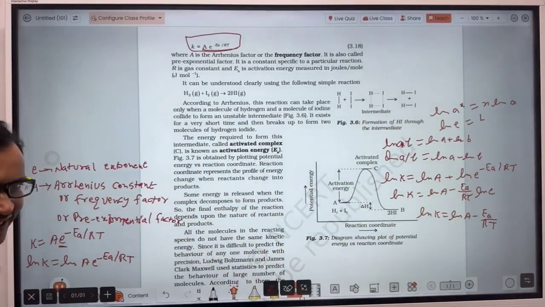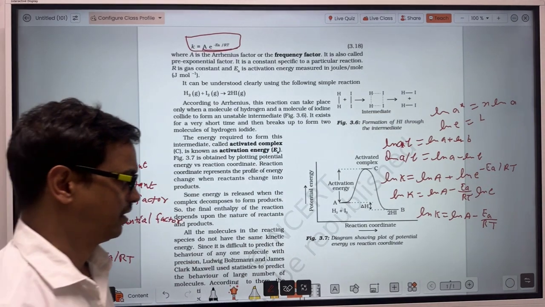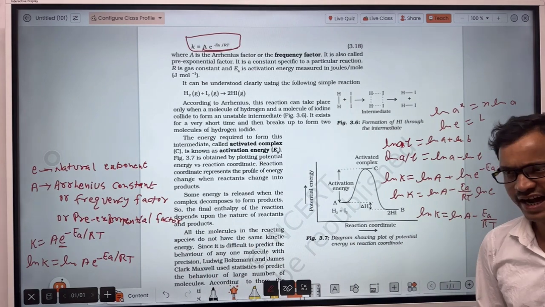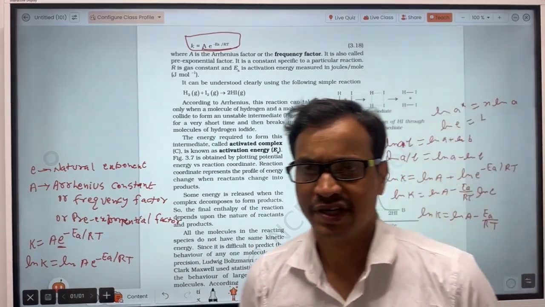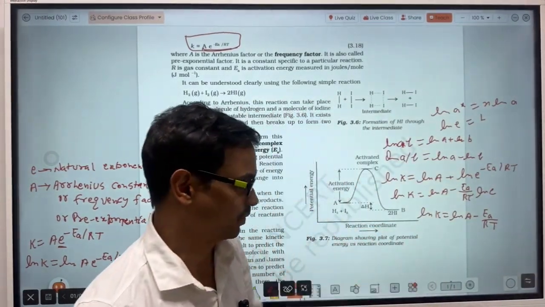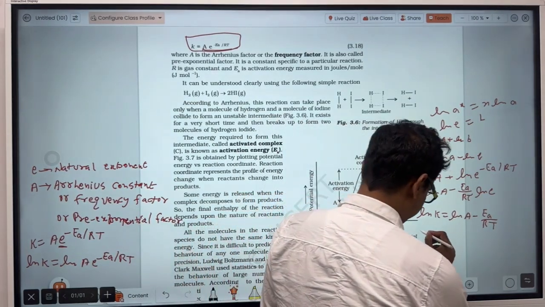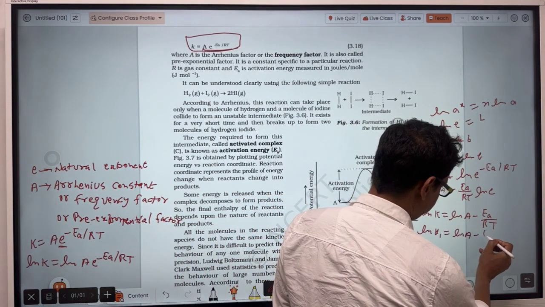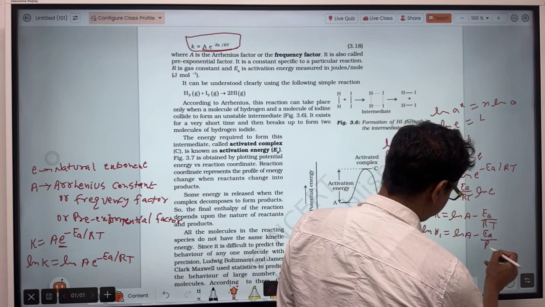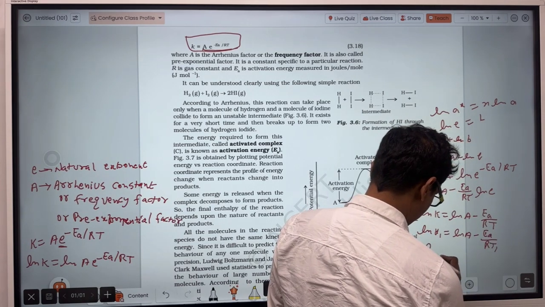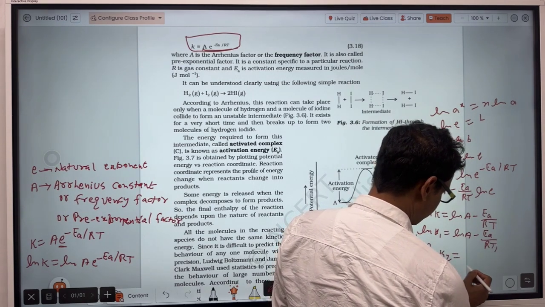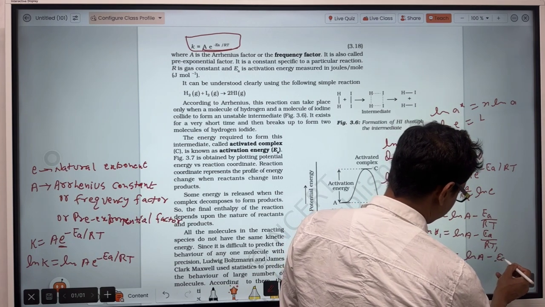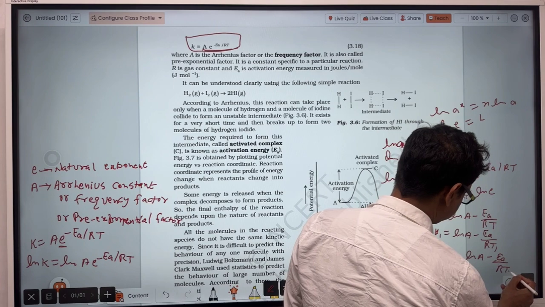Okay guys, very simple. Now let's see, at temperature T1 the rate constant is K1, and at temperature T2 the rate constant is K2. So log K1 will be equal to log A minus Ea upon RT1, and log K2 will be equal to log A minus Ea upon RT2.